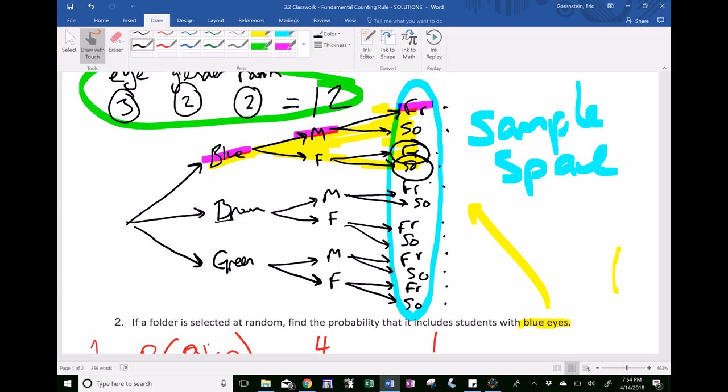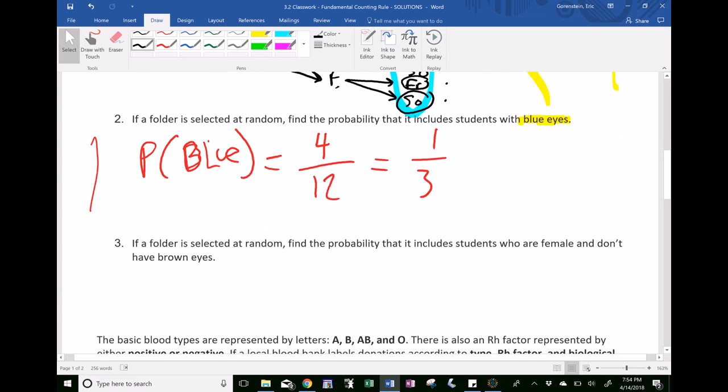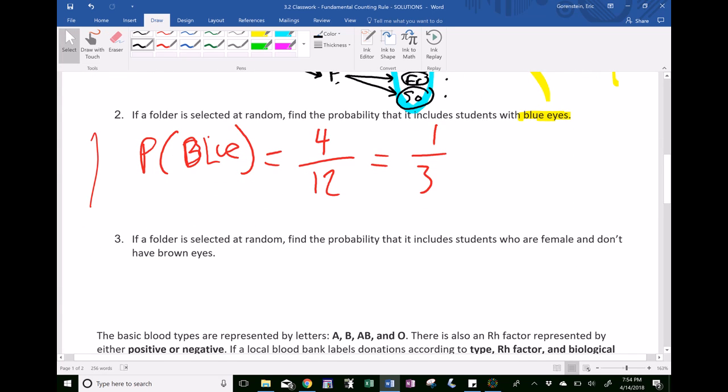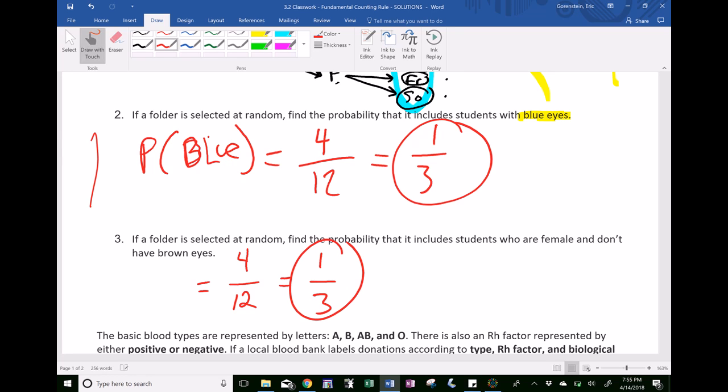Everyone down here has brown eyes, and down here females with no brown eyes. So it looks like 4 of these 12 options would be female without brown eyes. So again, our probability would be 4 out of the total 12, or 1/3. Okay, that does it for this problem.